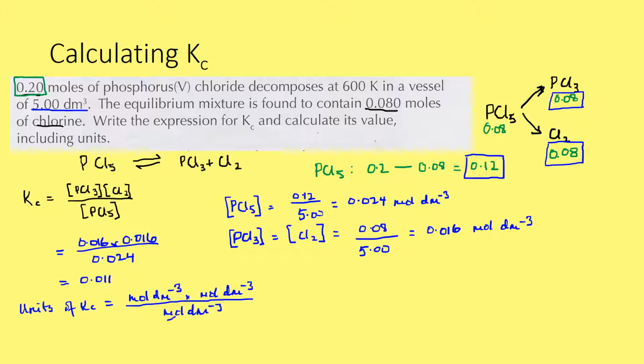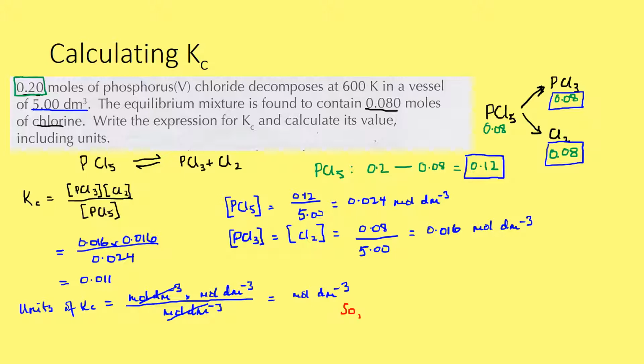As you can see, one will cancel out with the other, leaving just units of Kc to be mole per decimeter cubed.